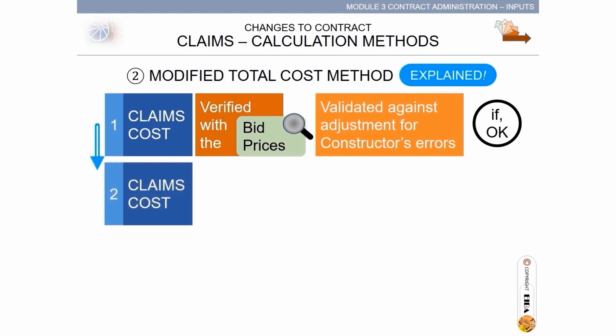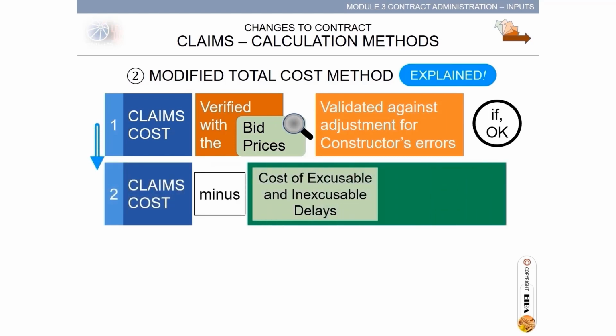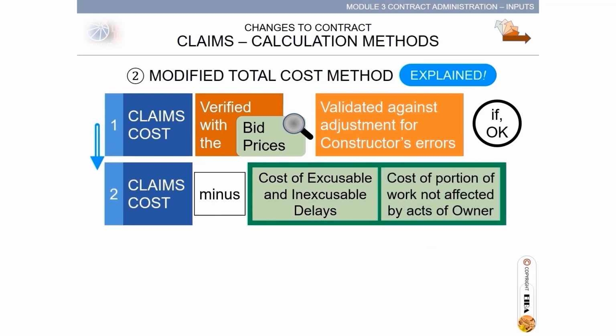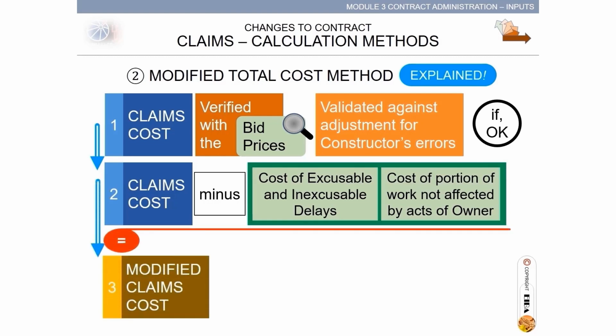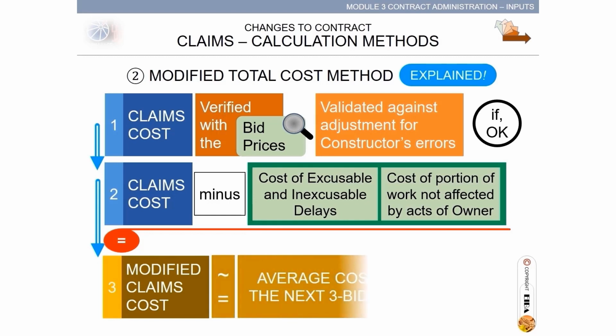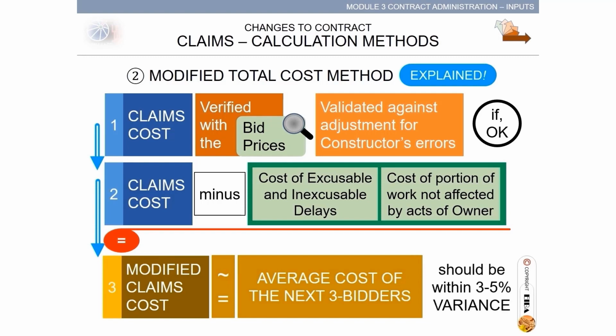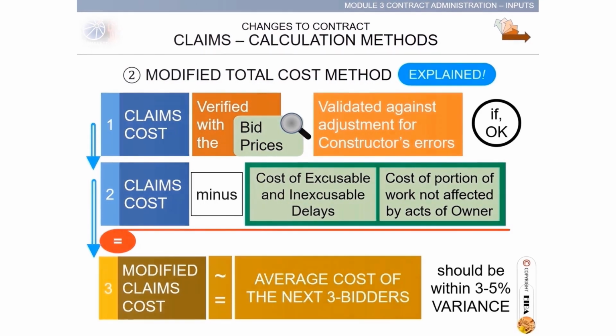Claims cost, minus cost of excusable and inexcusable delays, minus cost of portion of work not affected by acts of owner, purely related to constructor's works. This is equal to step 3, modified cost, which is also equal to or approximately the average cost of the next three bidders. That cost should be within 3 to 5% variance.